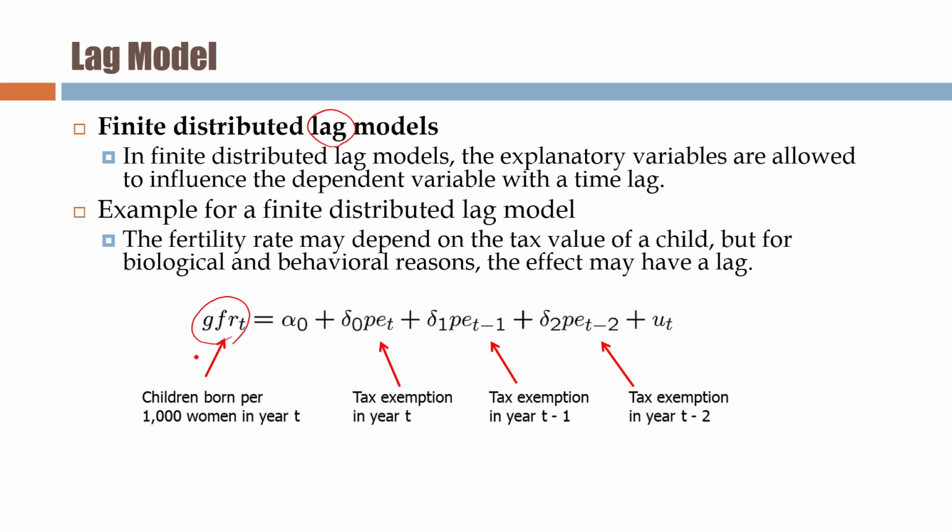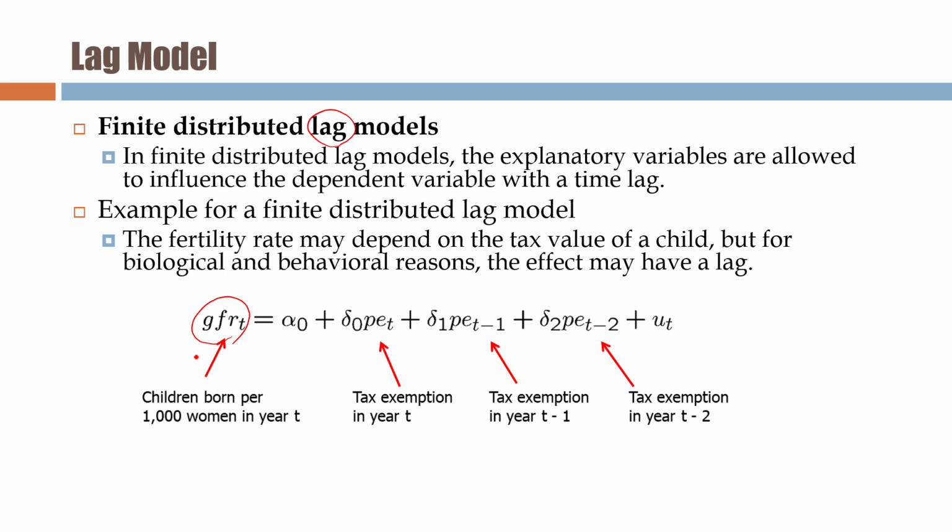But the child born actually takes time. So when they decide to have a baby, the baby is not just coming out one day later, right? It takes about 9 months to have the child born.